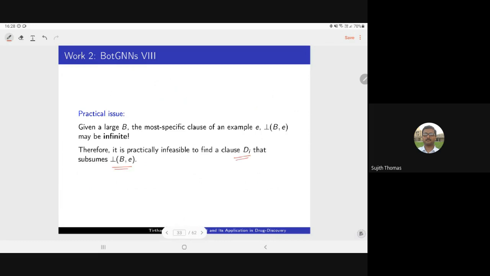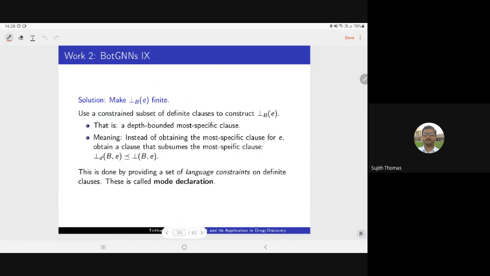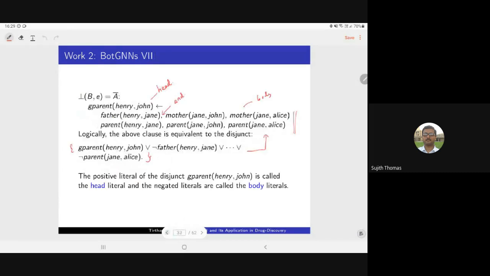I cannot explain the idea of subsumption here because I don't have the material, but it's very difficult to find a particular hypothesis for a very large B. So we need to impose some kind of restriction on this most specific clause. The idea is to use a constrained subset of definite clauses to construct that bottom clause. It's also called the bottom clause, by the way. I forgot to tell.